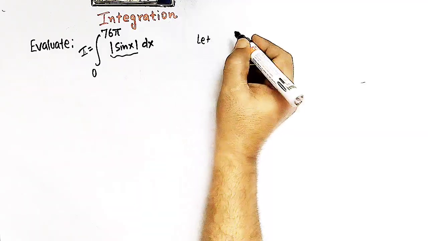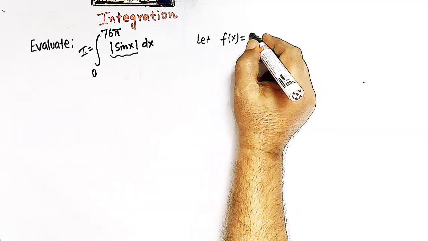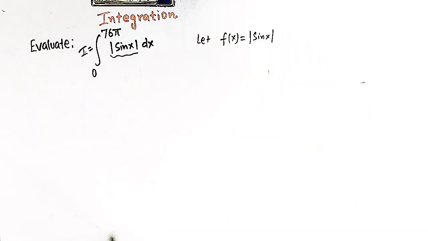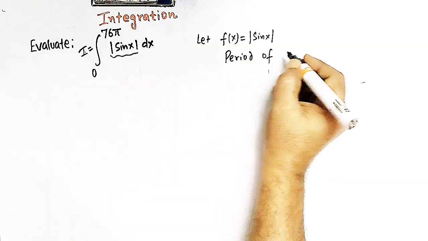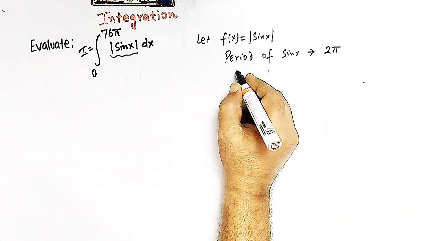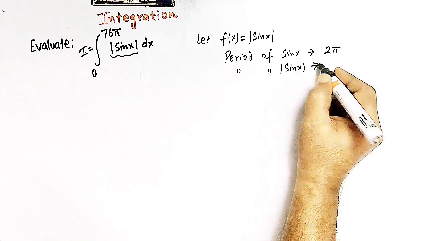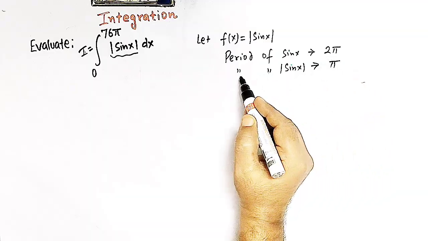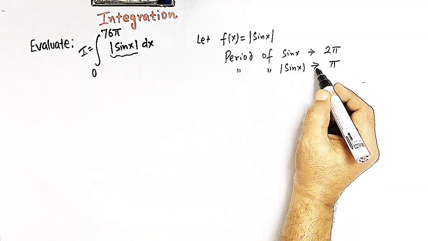So let us take the function f of x equal to mod sine x, and from trigonometry we know that the period of sine x is given by 2 pi, and the period of mod sine x is given by pi.